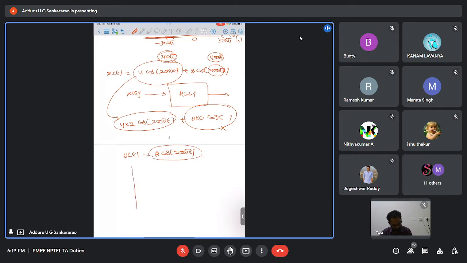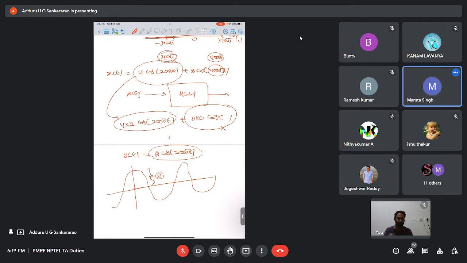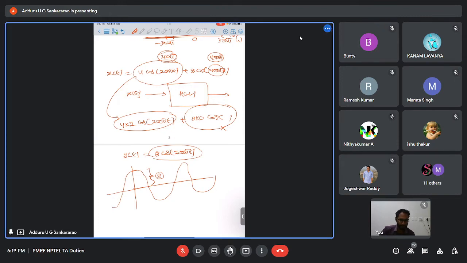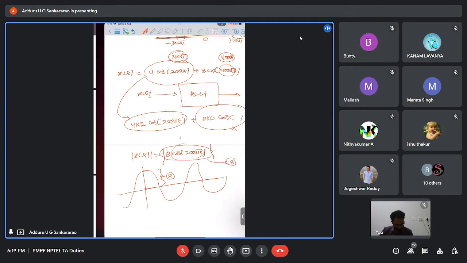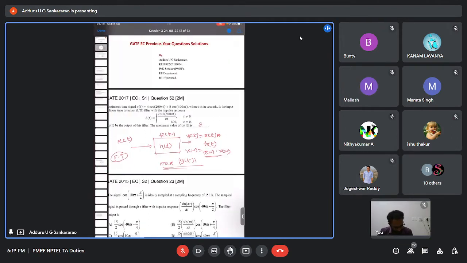We know 8 cos 200 pi t looks something like this, so the maximum value is this one, 8. If you take mod y, the maximum value of cos is 1. So 8 is the maximum value, and 8 is the answer for this.